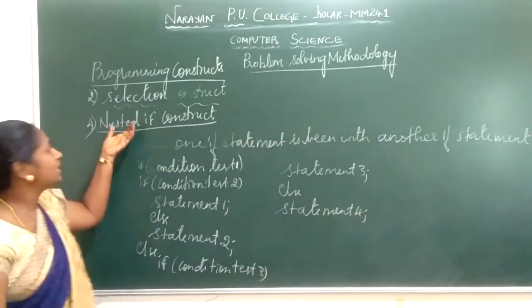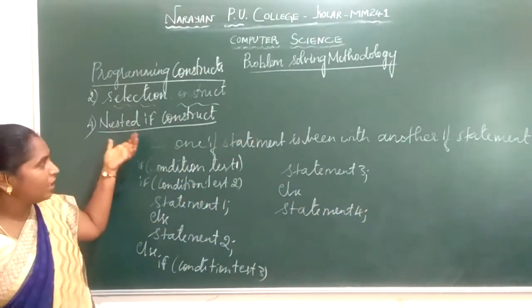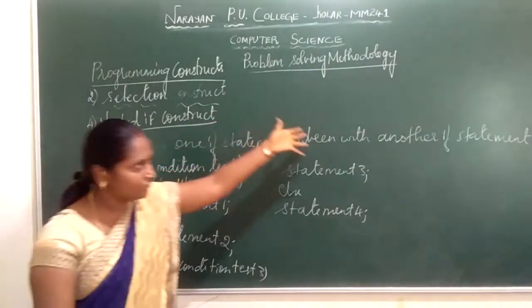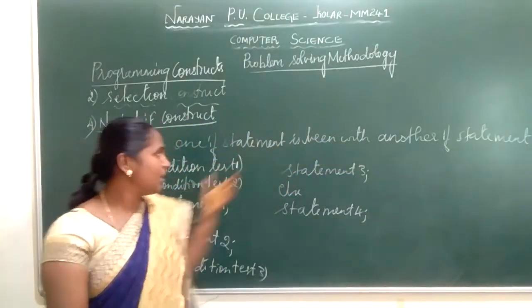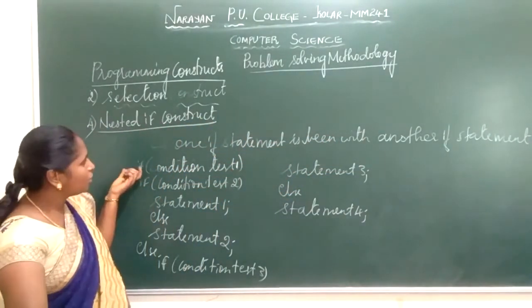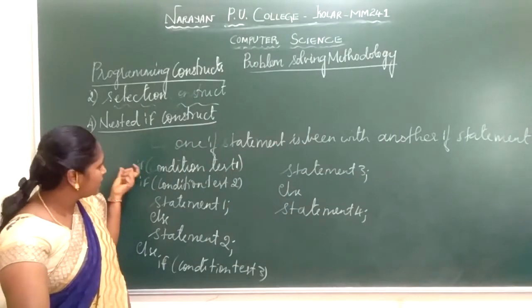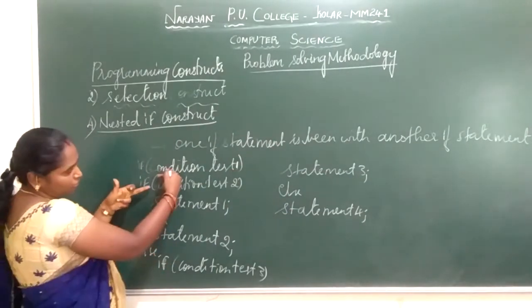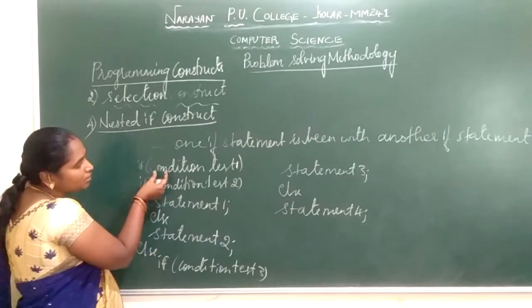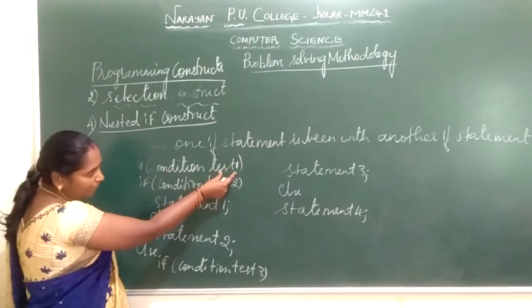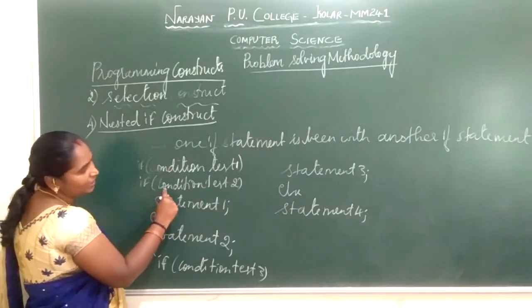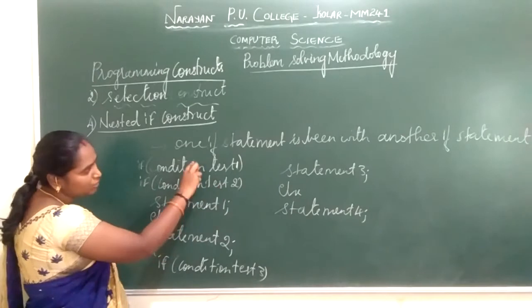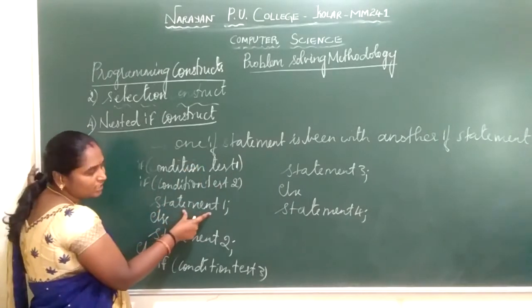See here what I am telling: in a nested if statement, it is possible for one if statement to be enclosed within another if statement. The general form is: you check if condition test 1, then you check another condition, if condition test 2. If both are satisfied, you execute statement 1.